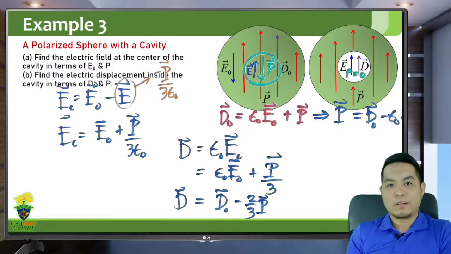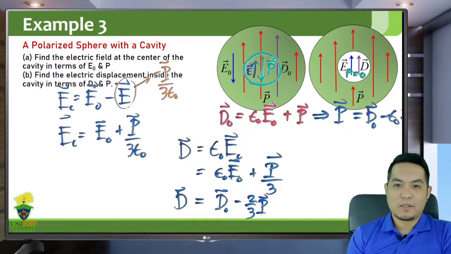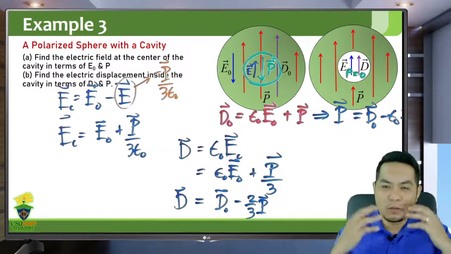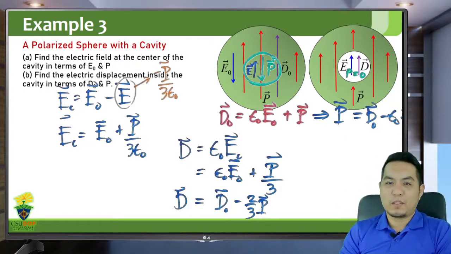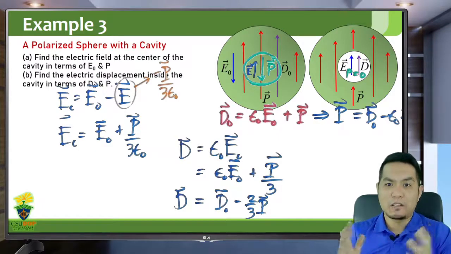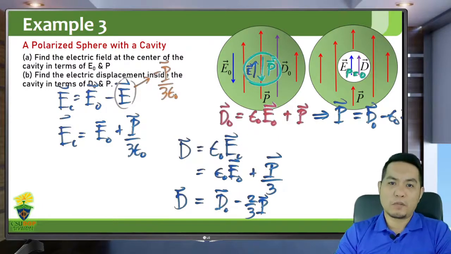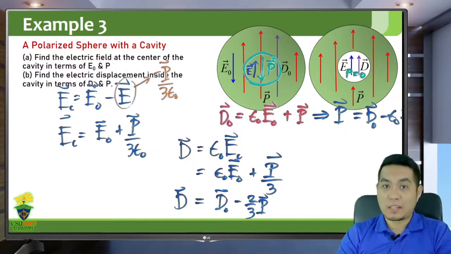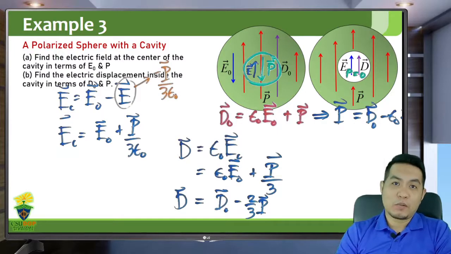Okay, so easy peasy. It's easier to analyze a problem by looking at it from another angle or another point of view. Similar to what we did in the previous chapter, wherein we treated a uniformly polarized cylinder or sphere as a superposition of two spheres of opposite charges.